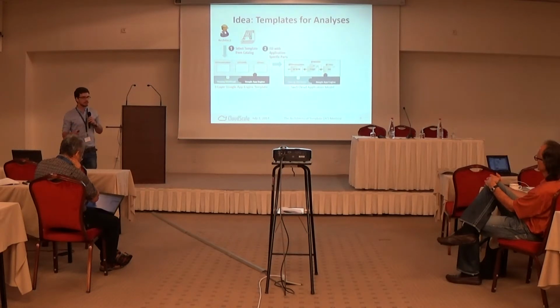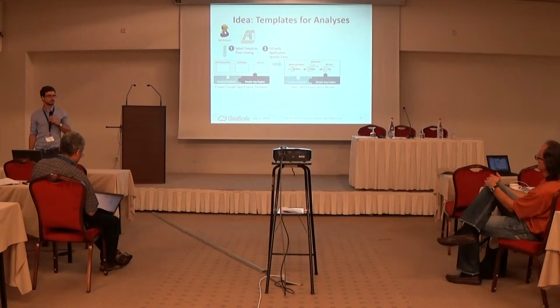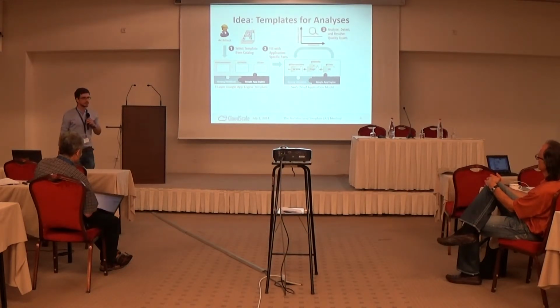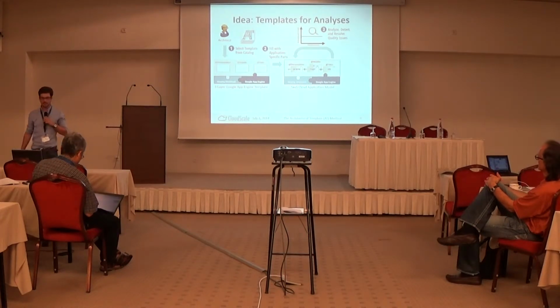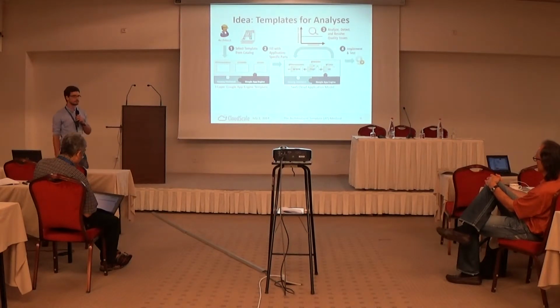And then you just have to fill out the missing parts that are really application specific and that only he knows. And then the rest is as before. So you use our analysis tools to work on the software architecture, and once we are satisfied, we implement the tests over it.